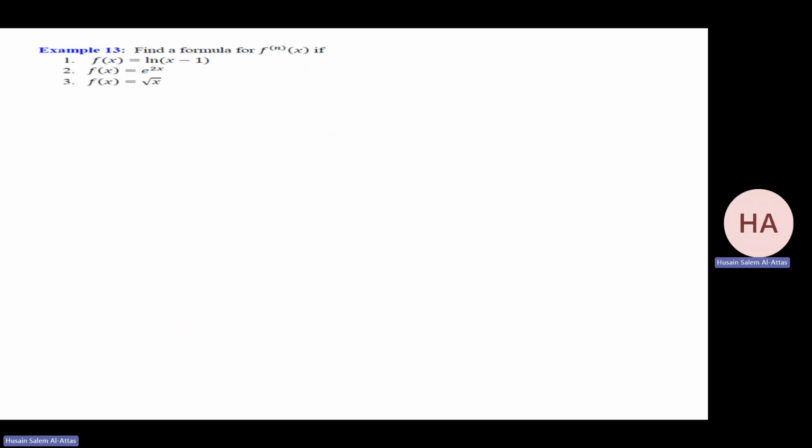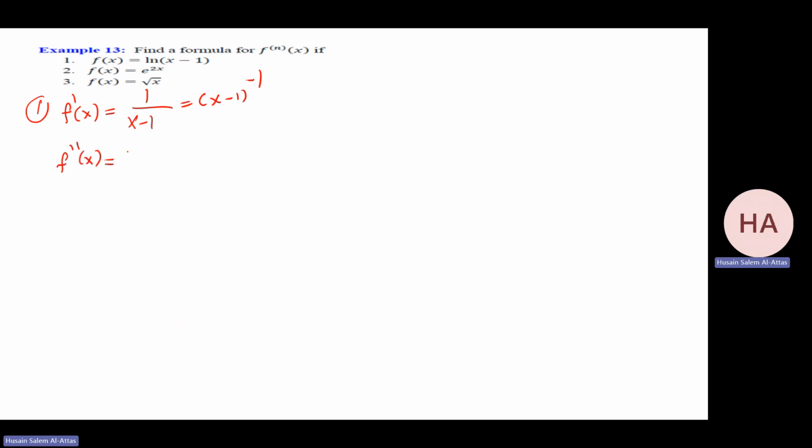Okay, now we need to find the nth derivative for these functions. Let me do the first. f prime is 1 over x minus 1, which is (x minus 1) to the power minus 1. Second derivative, let's see the pattern.